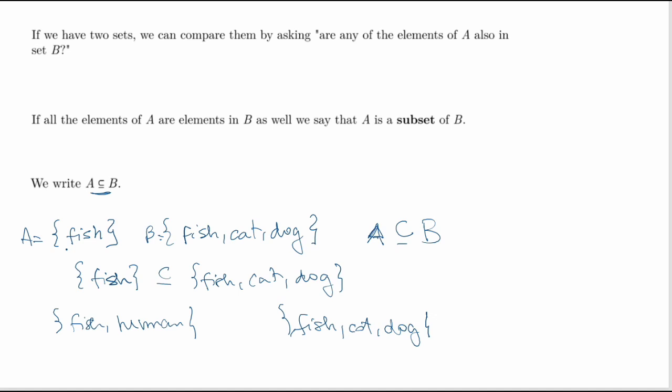So fish from this first set is also an element of B, right? Of the other set. But not all elements of A are elements of B. We are lacking human. Human is not part of the second set. So this is not totally contained.